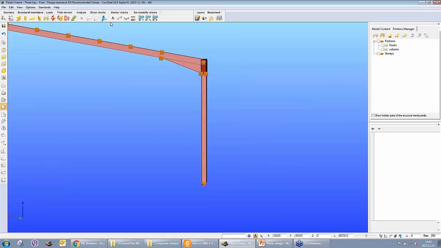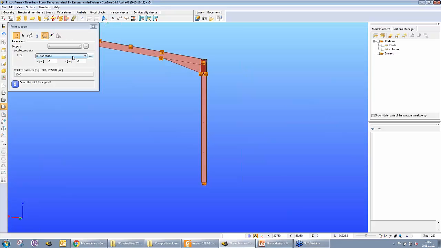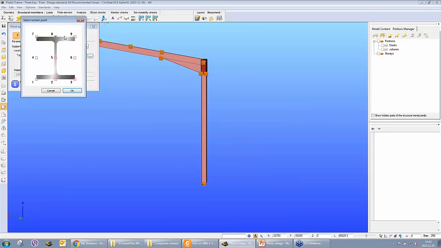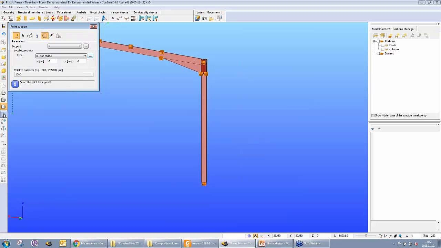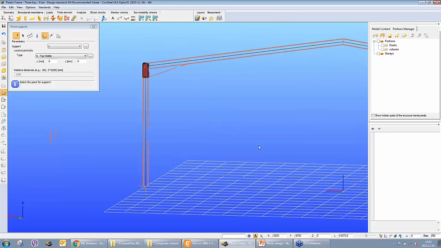We have to put again, yes, to the top flange, and let me put it somewhere here, in the middle point, here and here as well.